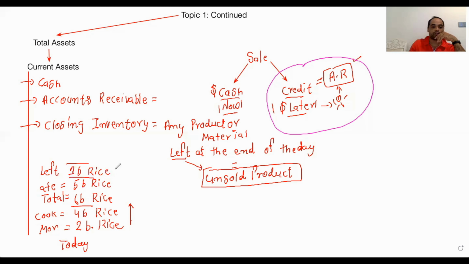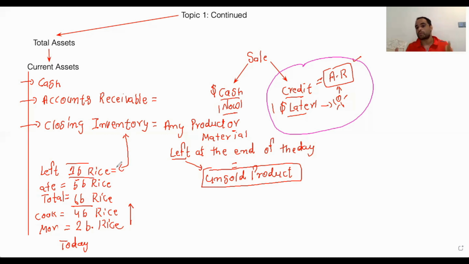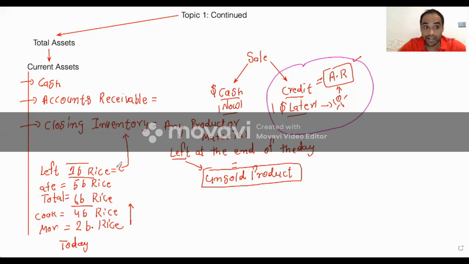So that 1 bowl of rice becomes your closing inventory. That's the meaning of closing inventory: something left at the end of the day, end of the period, end of the month, end of the year, depending on your period. So I gave you a very daily example. Why is it an asset?